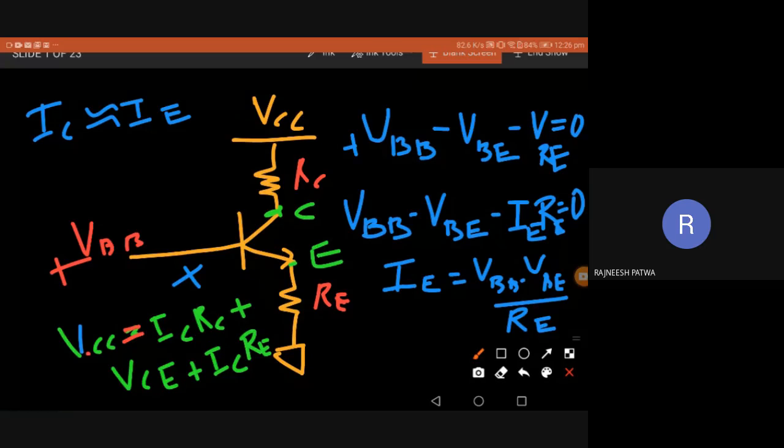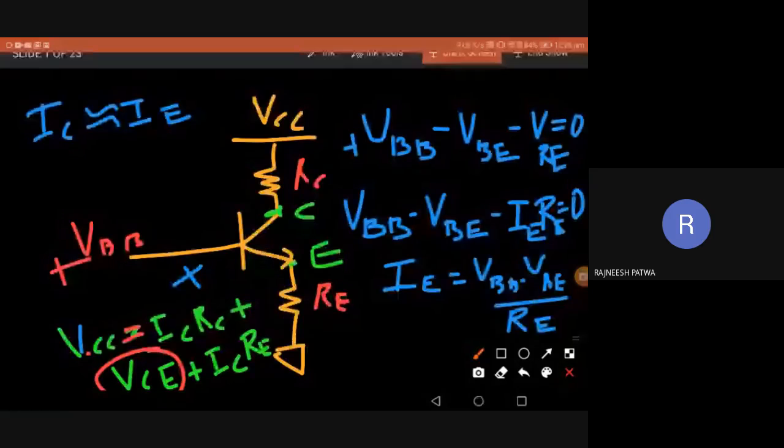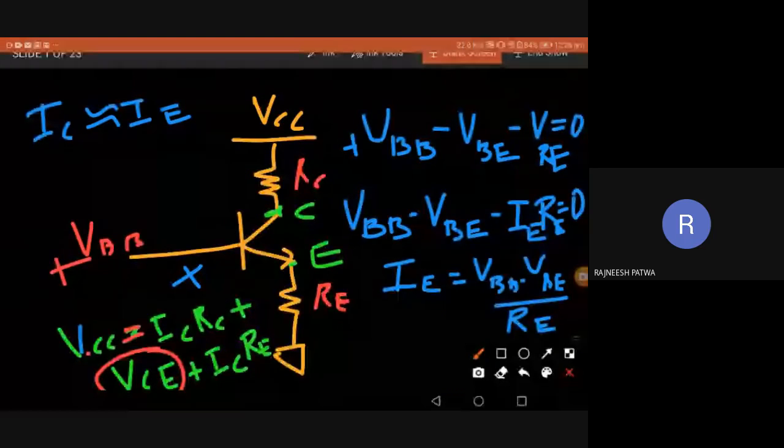That means the input source is dropped across RC, RE, and VCE. So VCE equals VCC minus ICRC minus ICRE.